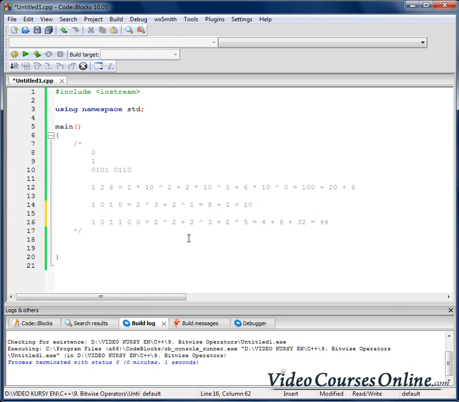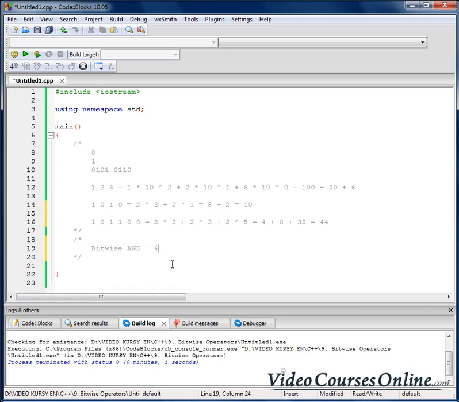Okay, now we can learn about the bitwise operators. Before we start, I'd like to mention that I'm assuming that you understand the lesson about relational operators very well. Okay, let's start from making a multi-line comment, and let's start from the bitwise AND operator, which is 1 ampersand.